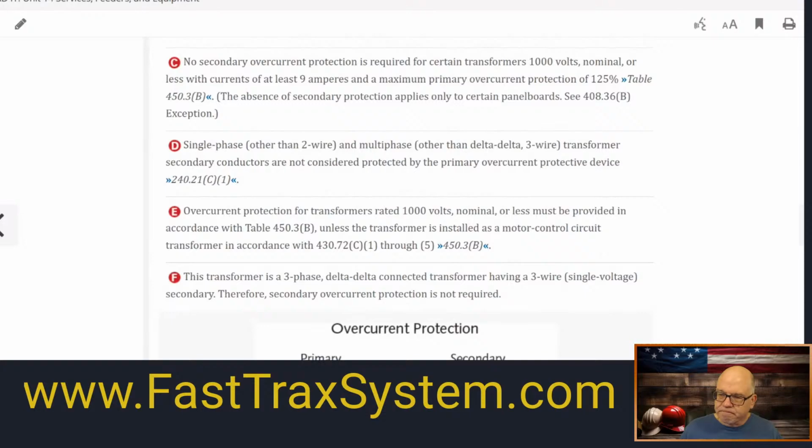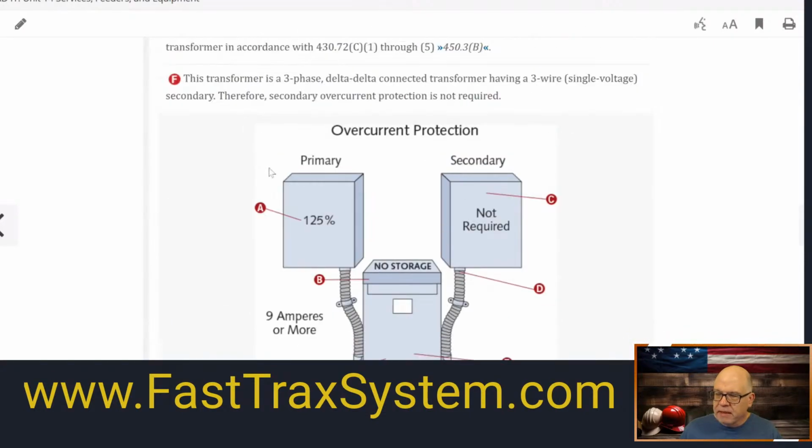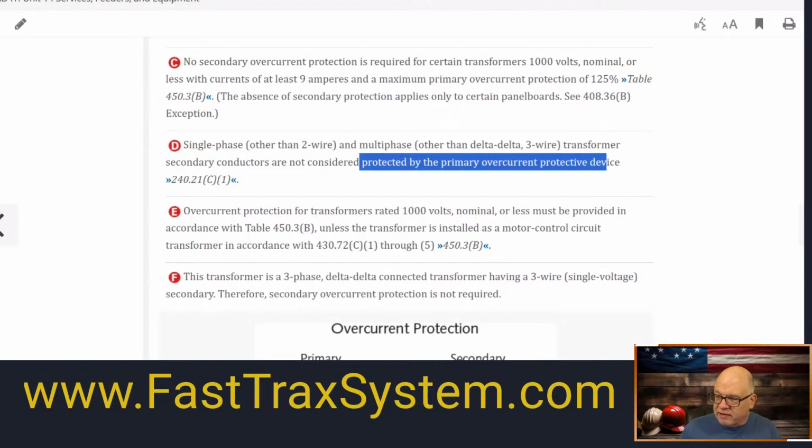Okay, now, D, and we're talking about D right here. D says single phase other than 2-wire and multi-phase other than the delta we've been talking about. So this would be every other transformer that's out there, not those unique ones, but the normal ones you probably deal with every day. With those, the transformer secondary conductors are not considered protected by the primary overcurrent protective device.